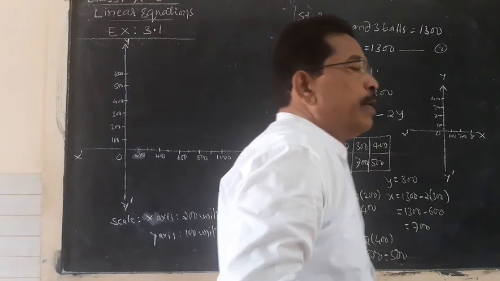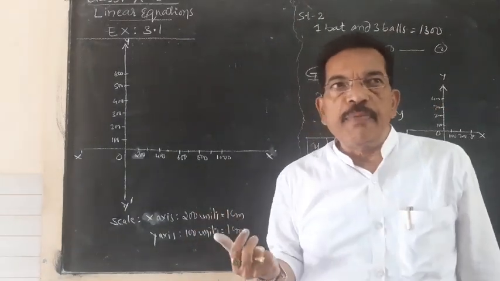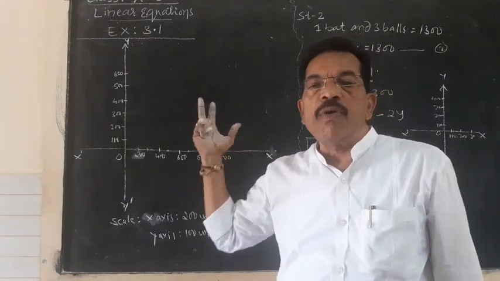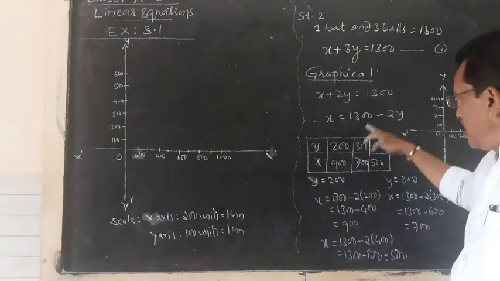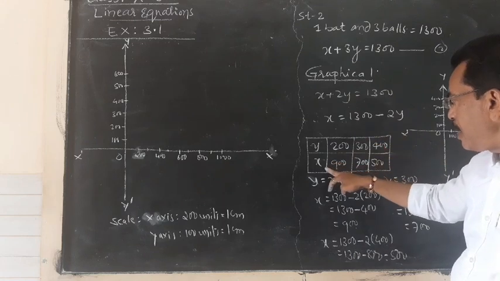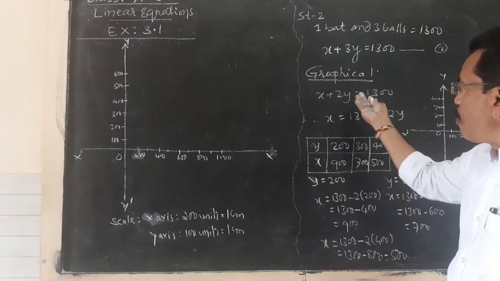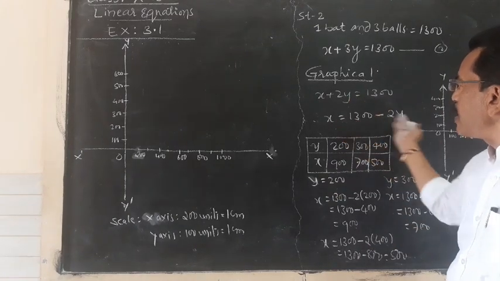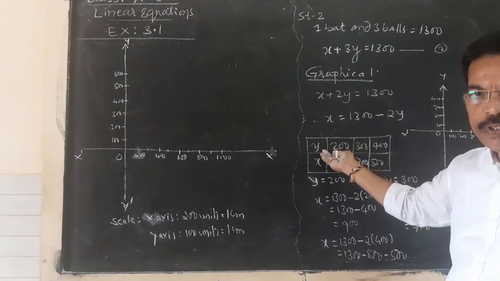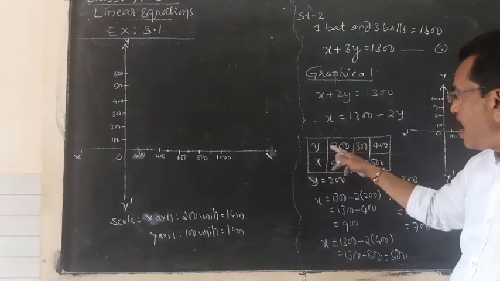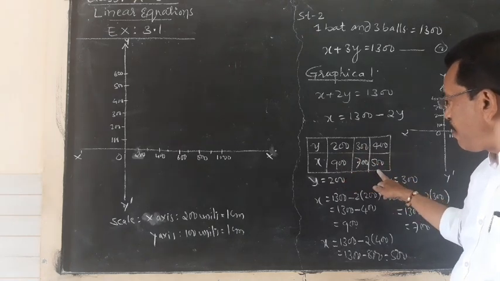Now I am going to represent this equation graphically. What I did, I tabulated first. Instead of x and y, I have considered y and x because I have modified the equation in the x format. So y equals 200, 300, 400, x equals 900, 700, 500.